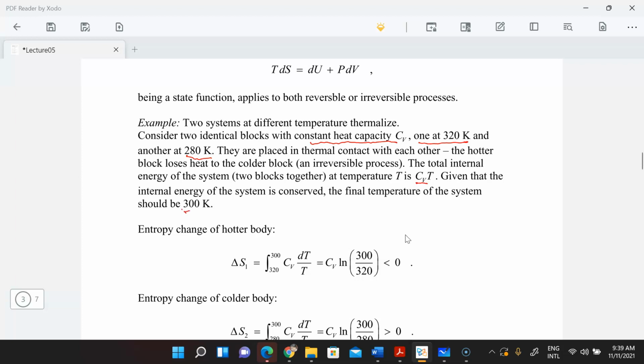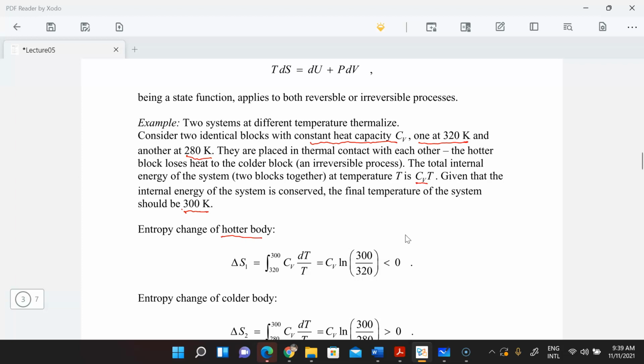So you can calculate that to be 300 K. So here you can see that this is going to drop in temperature about 20 K, and this will increase by 20 K. Okay, so one can actually calculate the entropy change for each of the blocks. For the hotter one, we know that we have CV dT over T for the change in entropy.